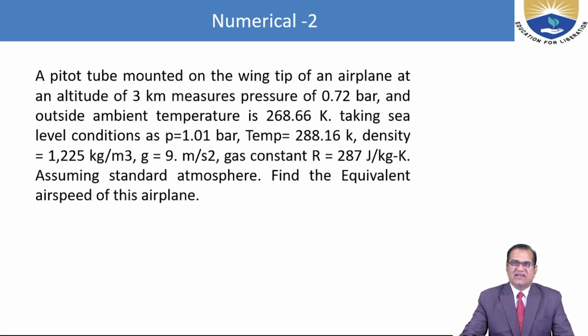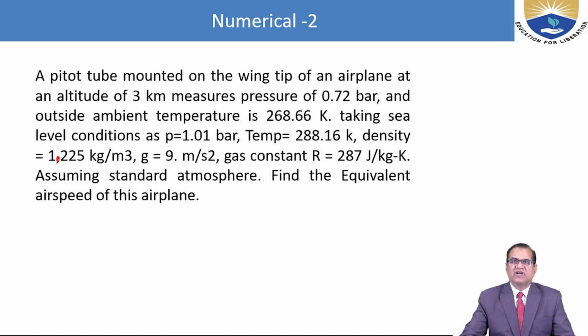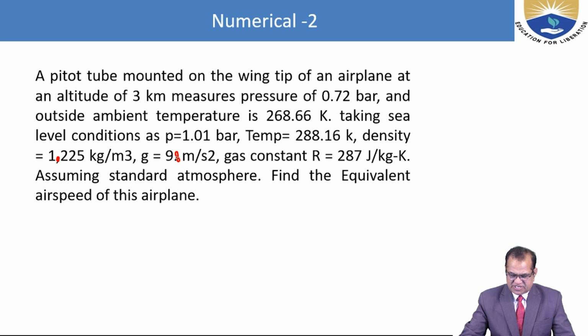Taking sea level conditions as P equal to 1.01 bar, temperature equal to 288.16 Kelvin, density 1.225 kg per meter cube, G equal to 9.8 meter per second square, and gas constant R equal to 287 joule per kg Kelvin, assuming standard atmosphere, find the equivalent air speed of this airplane.